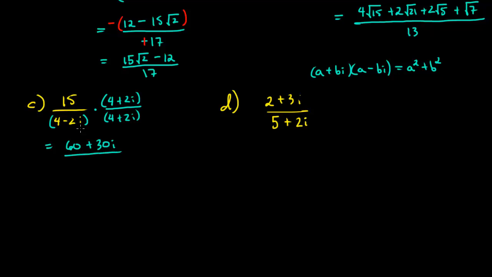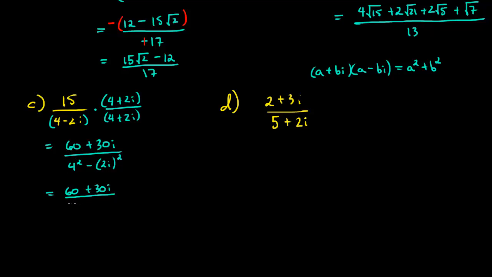In the denominator, I'm multiplying two conjugates, so I'll get 4 squared minus (2i) squared. So in the numerator I have 60 plus 30i, and in the denominator I've got 16.